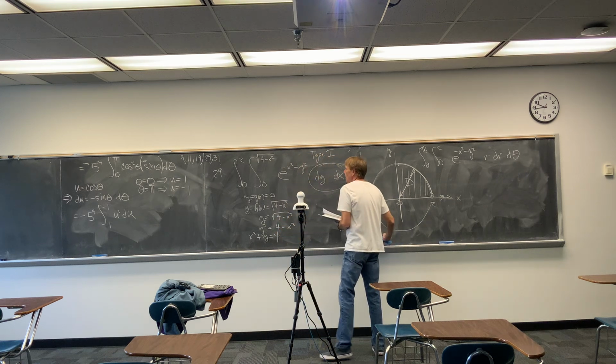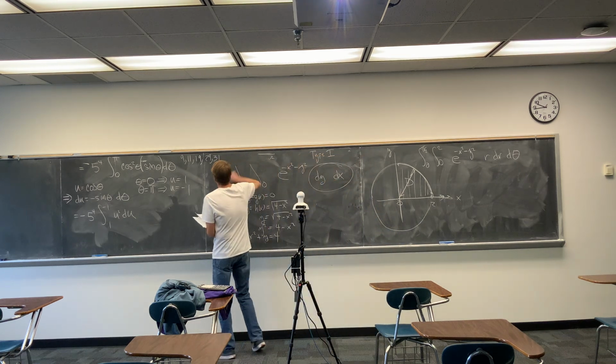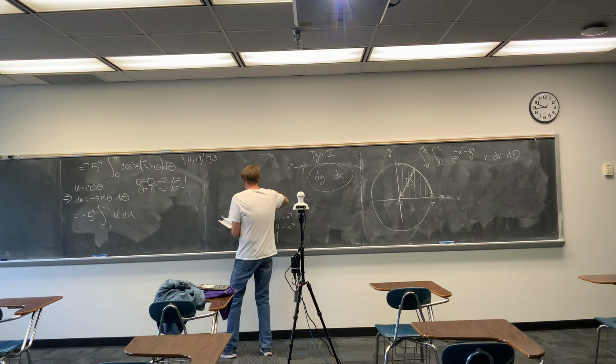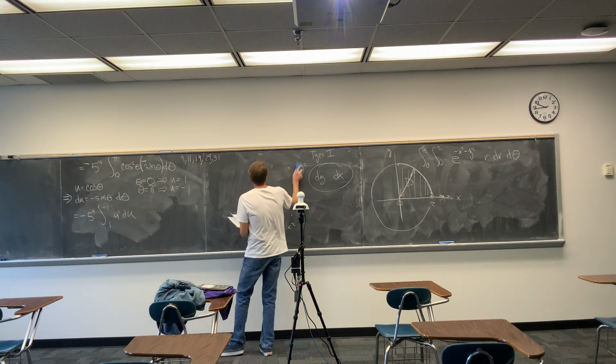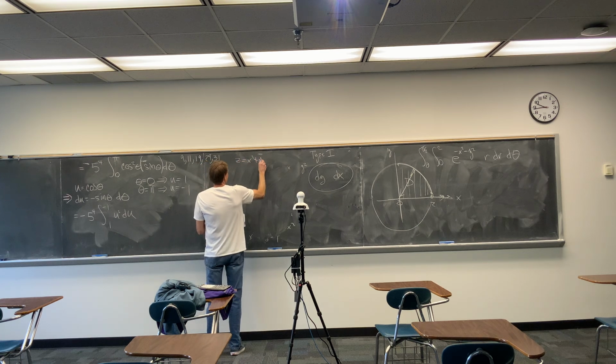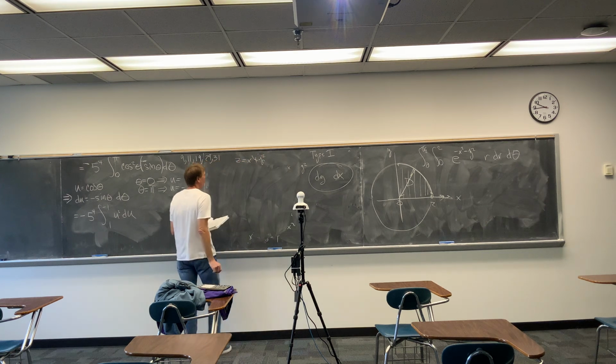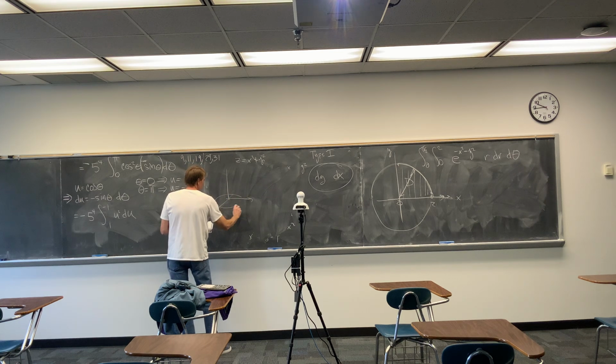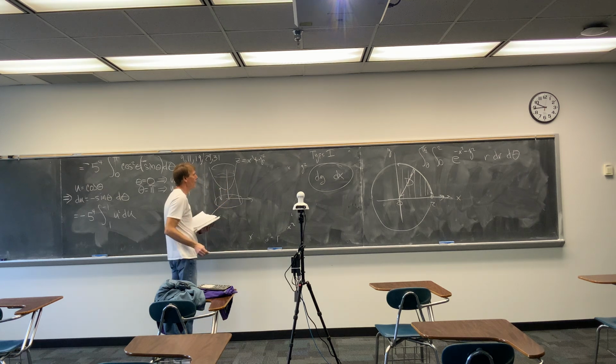So you're trying to find the volume under the space sheet, x squared plus y squared, on a disk. So you've got this paraboloid here, and you're trying to find the volume in between there and there.